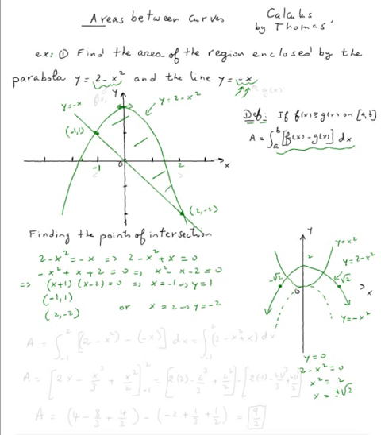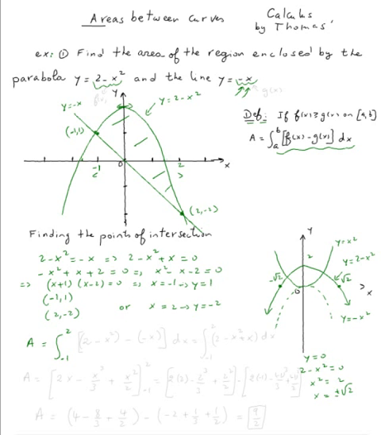So to find the area, the limits of integration have to go from here to here. We need to go from negative 1 to 2. So the area will be equal to the integral from negative 1 to 2. This is how we cover the whole area.